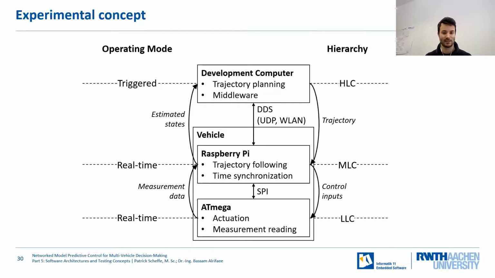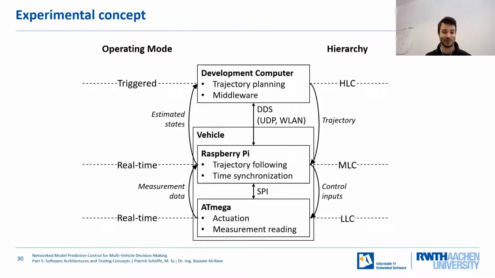And it sends the control inputs to the Atmega microcontroller. Between the mid-level and the low-level controller, we have just SPI communication. So they are really connected with wires, and they are running in real time, and sending back the estimated states to the development computer.